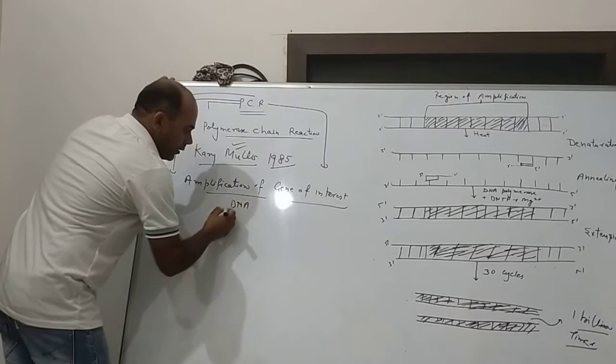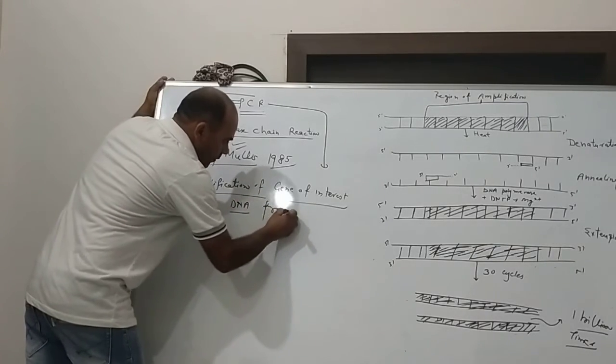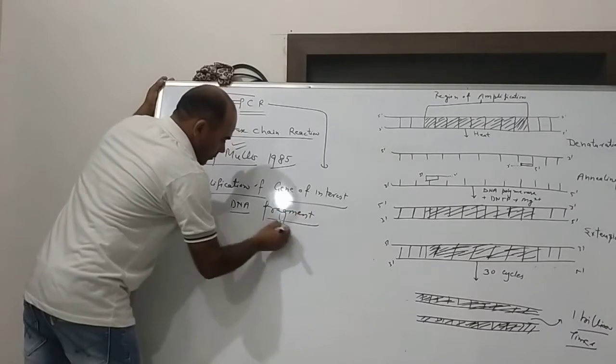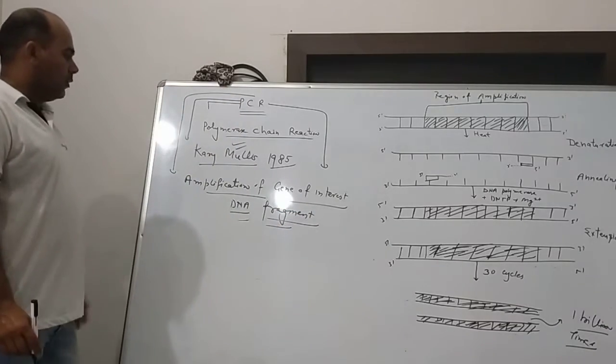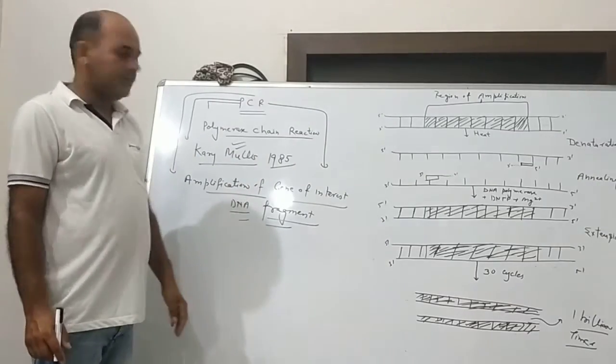To obtain multiple copies of DNA fragments. So this is the main objective and significance of PCR.